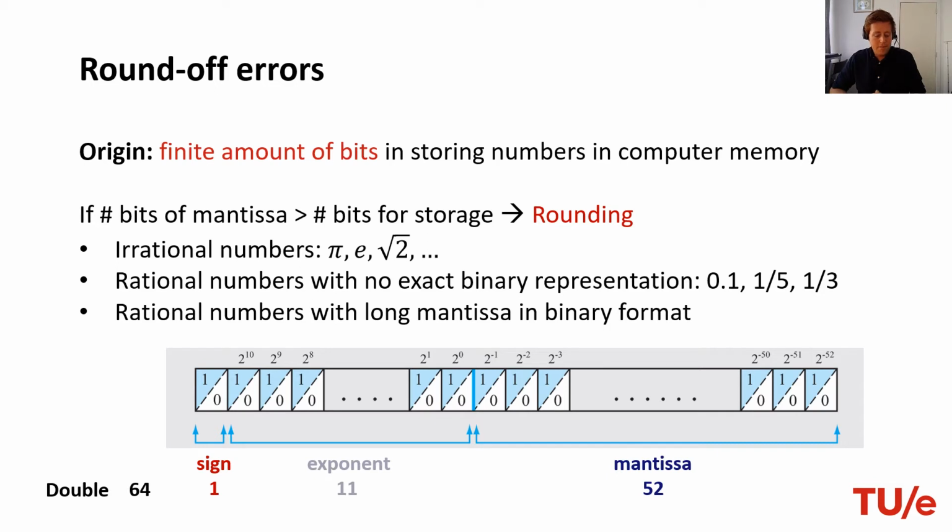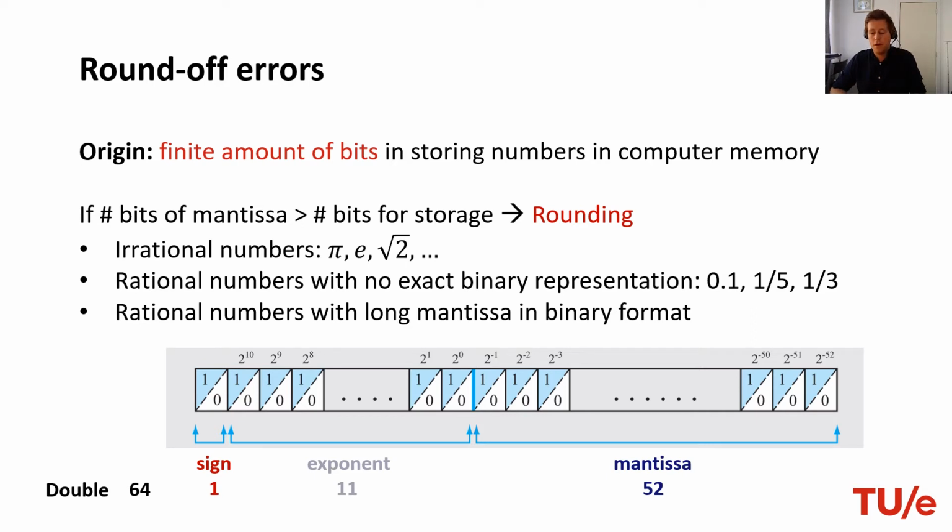But even rational numbers which look a lot more friendly can have no exact binary representation. For instance, this number 0.1, for which we've shown in the previous video that the binary representation would require an infinite amount of bits.